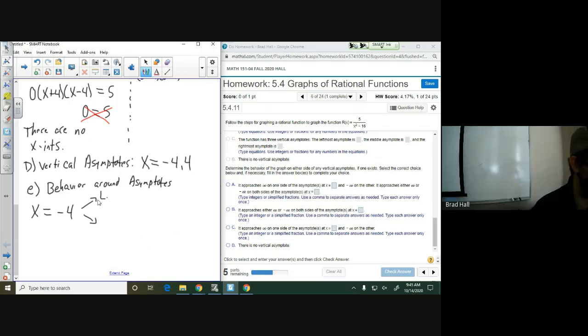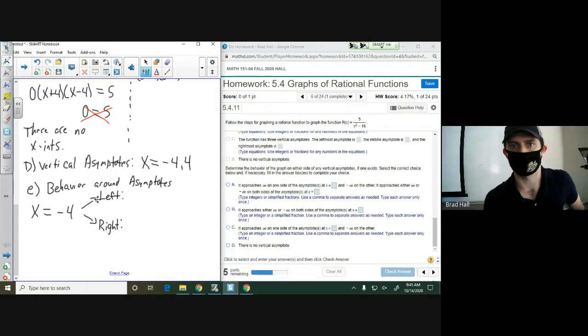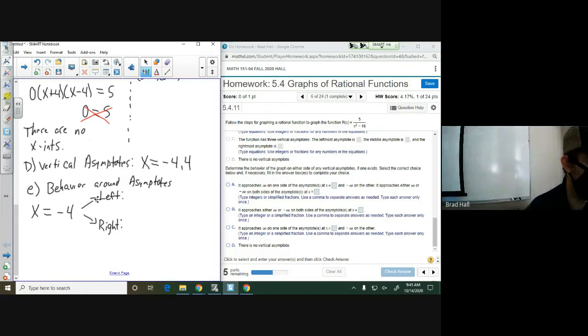So for the left and for the right, we're going to choose two slightly different values for x.